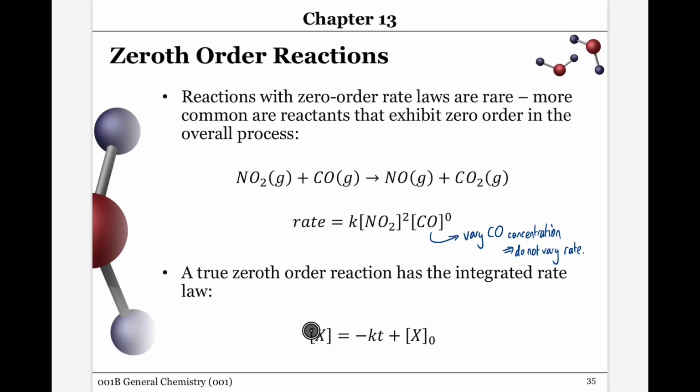The concentration of X would be equal to the initial concentration minus kt. So it would just decrease linearly over time, and we could plot X versus time, and then the slope of that relationship would give us minus k.